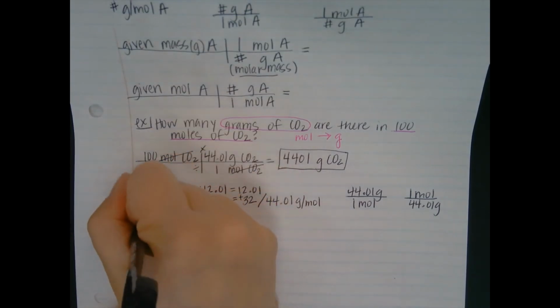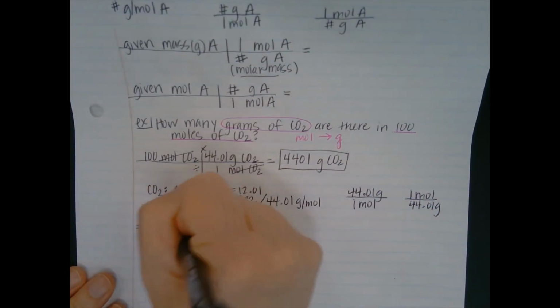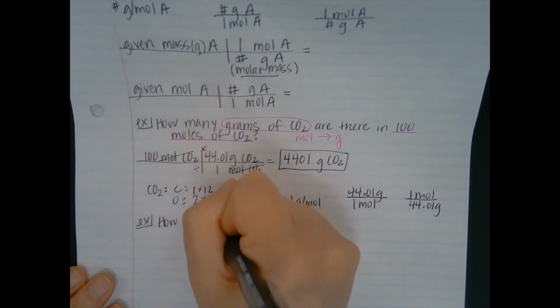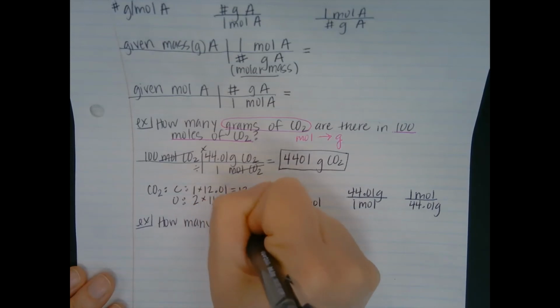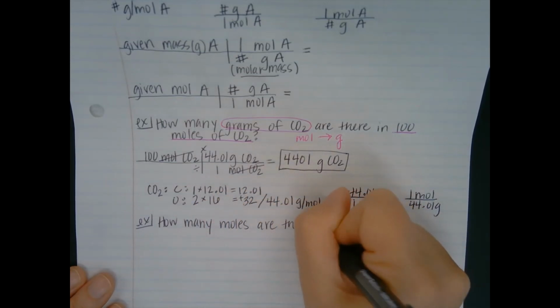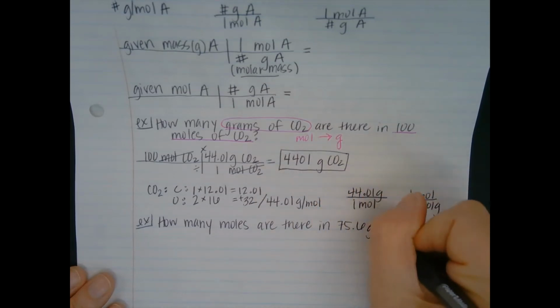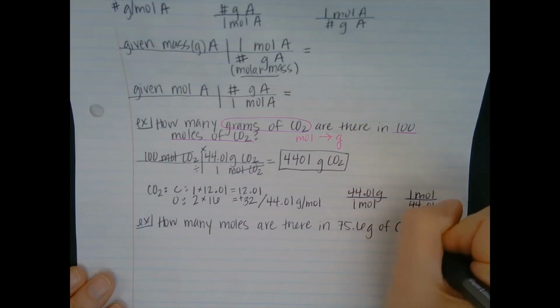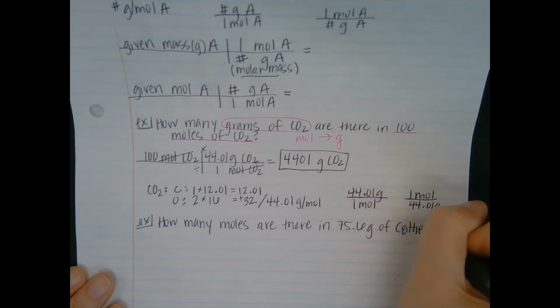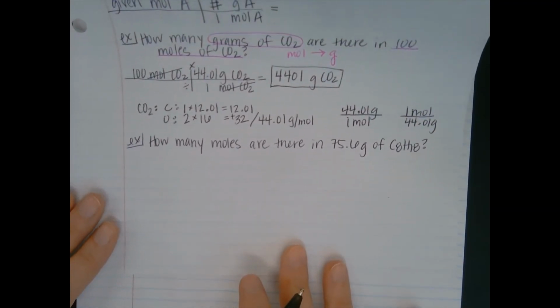All right, let's look at another one. How many moles are there in 75.6 grams of C8H18, which is octane?